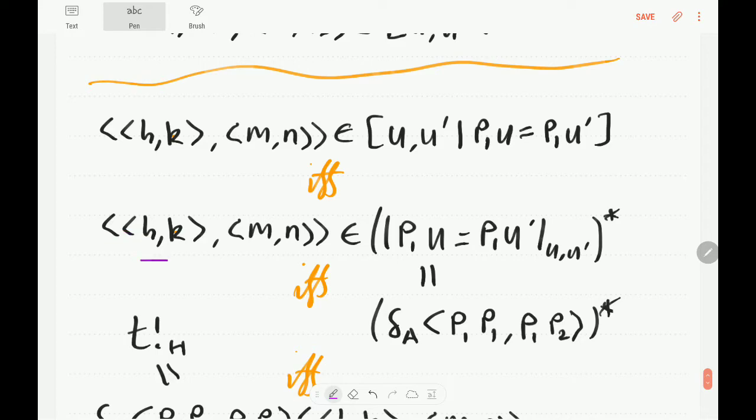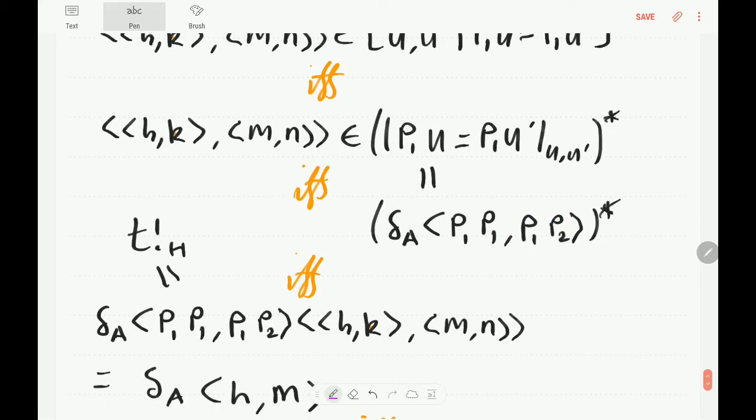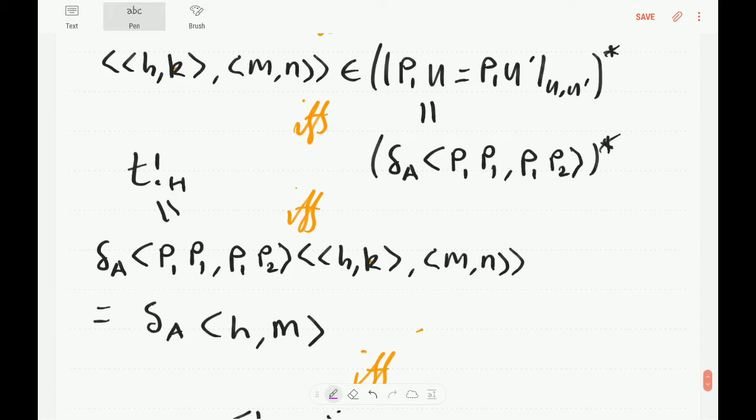That happens if and only if h comma k comma m comma n is in the subobject classified by the interpretation of p1u equals p1u dash over u and u dash, which is the subobject classified by delta A after p1 comma p1 p2, which happens if and only if the arrow we get by doing delta A after p1 comma p1 p2 after h comma k comma m comma n sends everything to true.